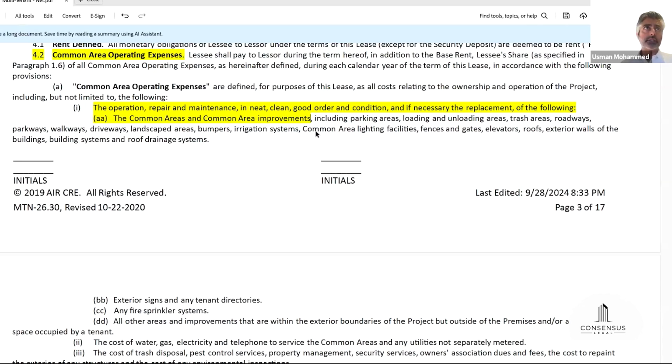So lessee is paying not just common area operating expenses over a base year, it's paying the common area expenses in their entirety. Of course, their share of it.